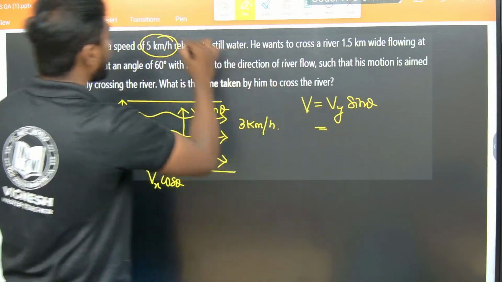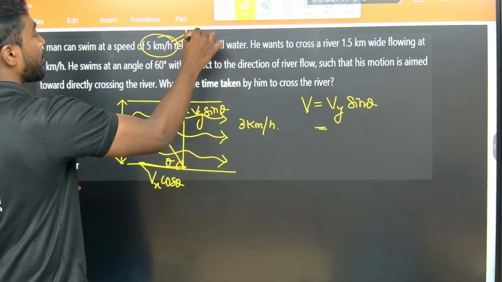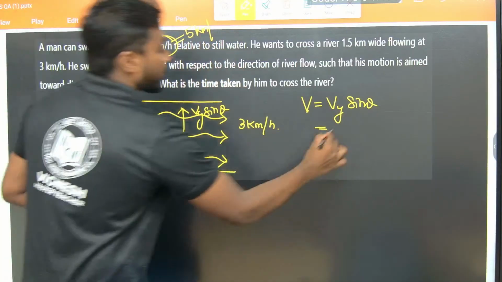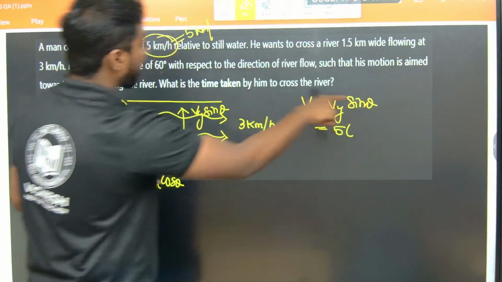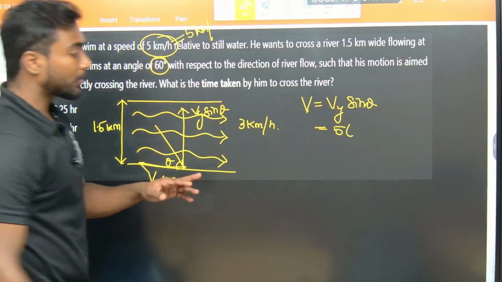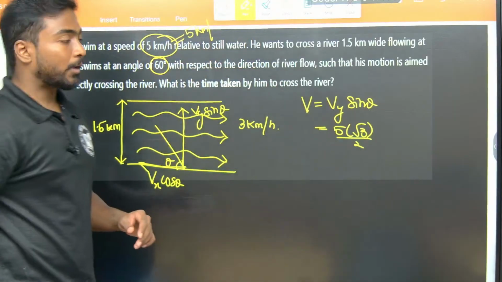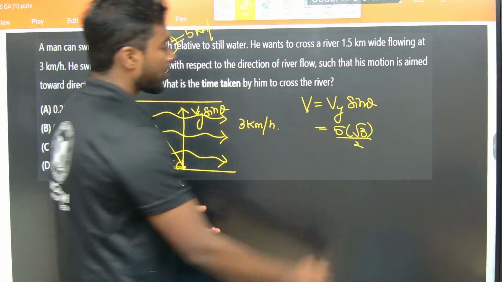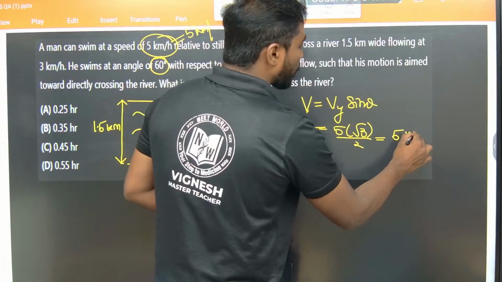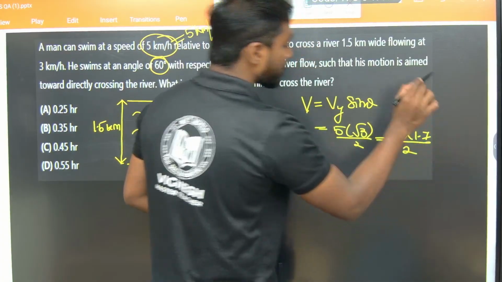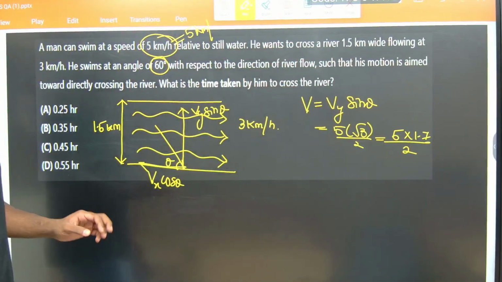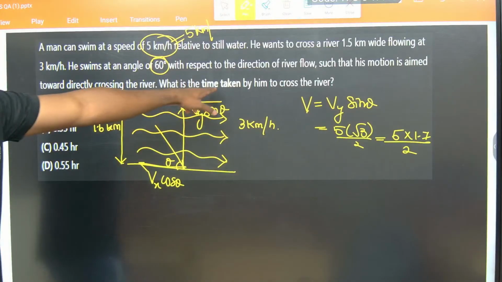Let me consider V as 5 kilometer per hour, so 5 kilometer per hour times sin 60 degrees, which is root 3 by 2. What about the root 3 value? It is approximately 1.7, divided by 2.